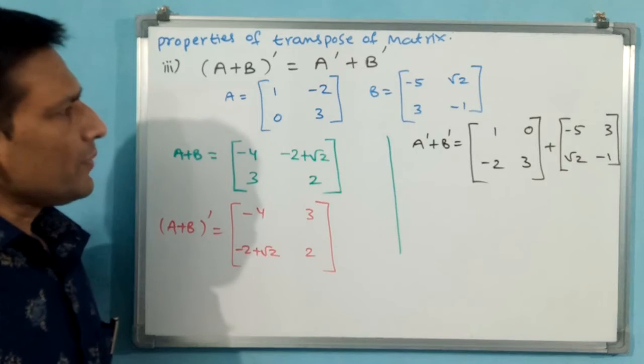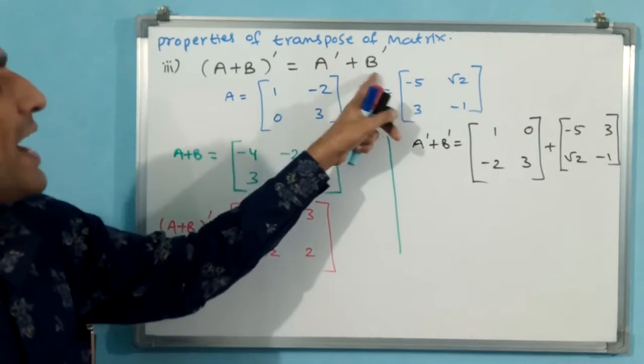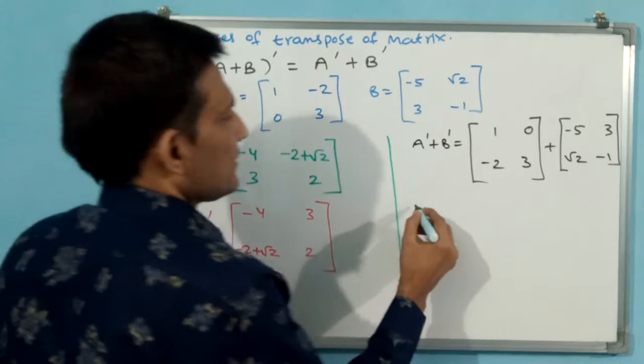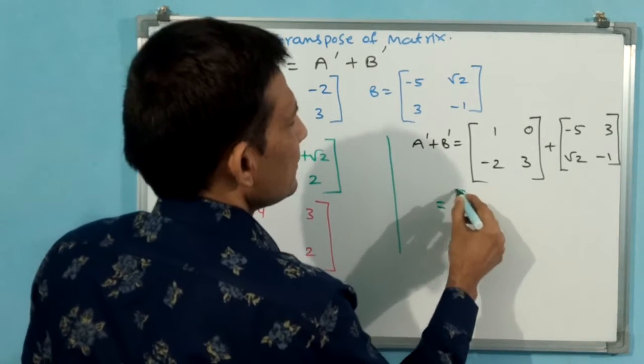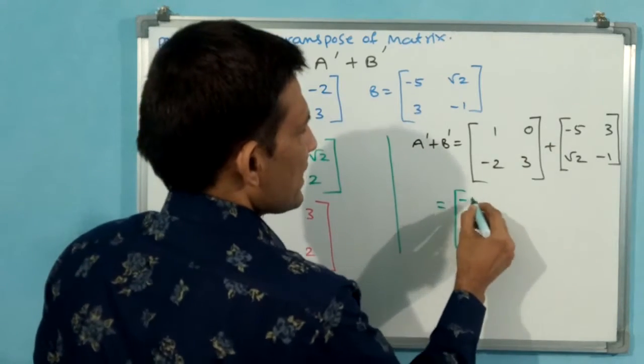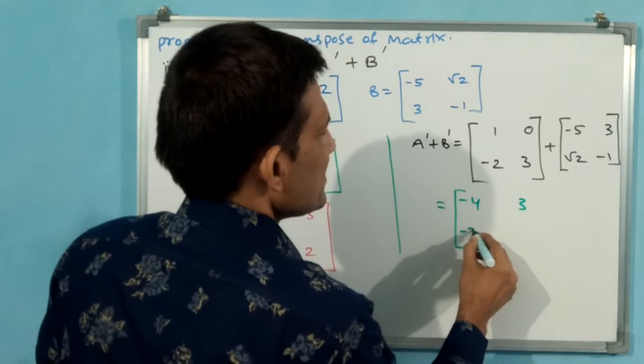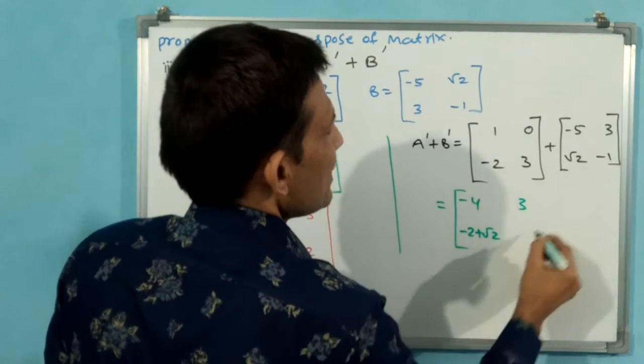Now these are separate transposed matrices, and you add these two. I am adding, that is equal to 1 minus 5 minus 4, 0 plus 3 is 3, 3, minus 2 plus root 2, 3 minus 1 is 2.